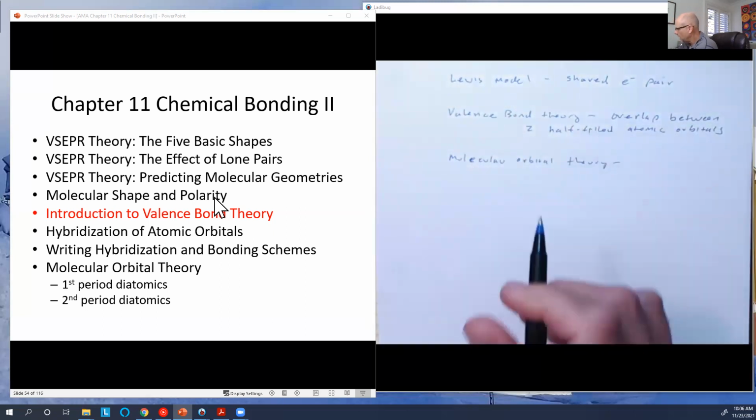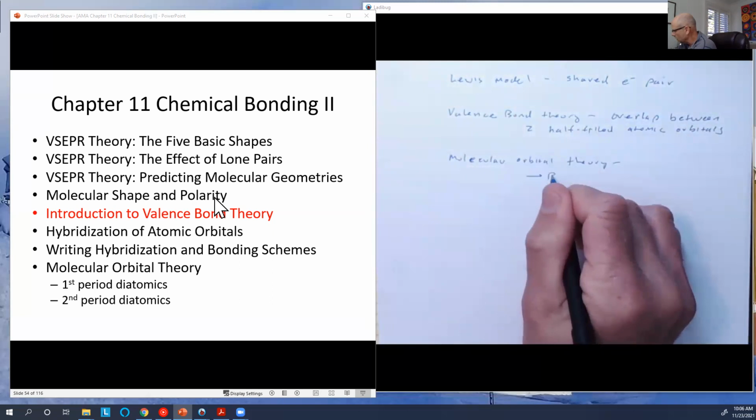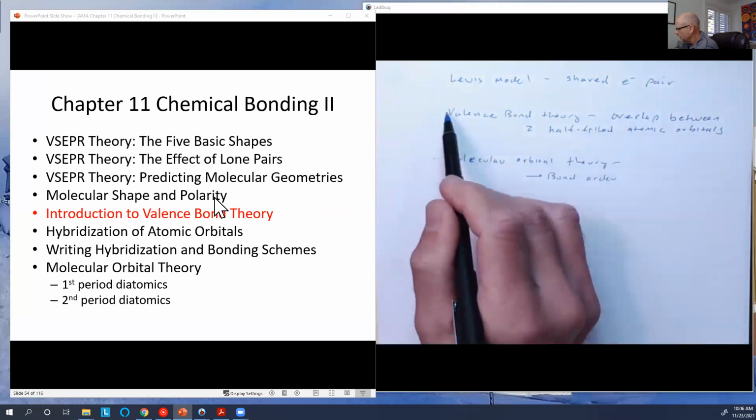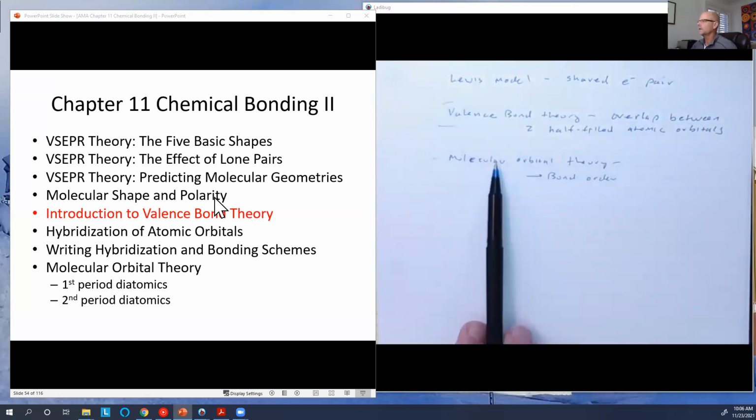Here, a chemical bond is going to be measured by something called bond order. We'll cover that in class on Monday. For right now, we're going to look at valence bond theory, in which a chemical bond is the overlap between two half-filled atomic orbitals.